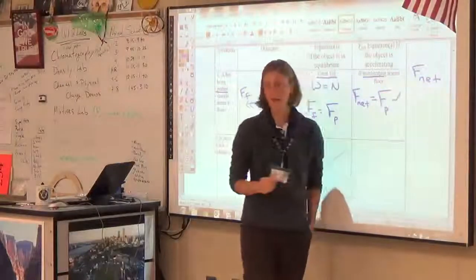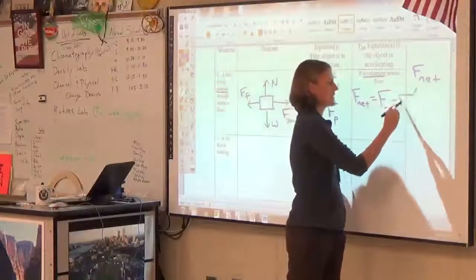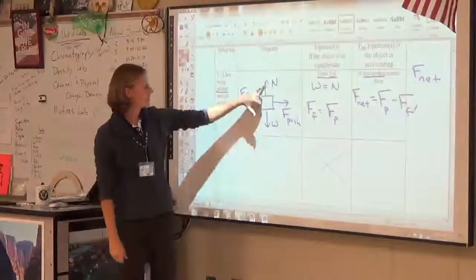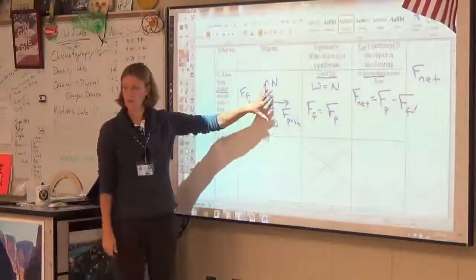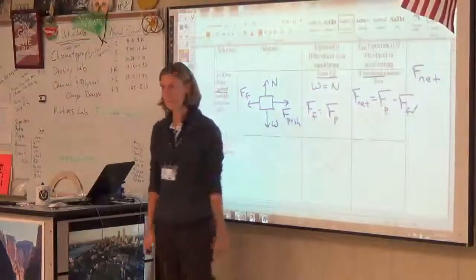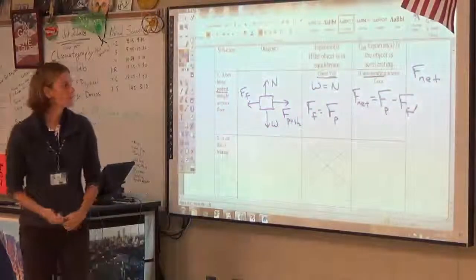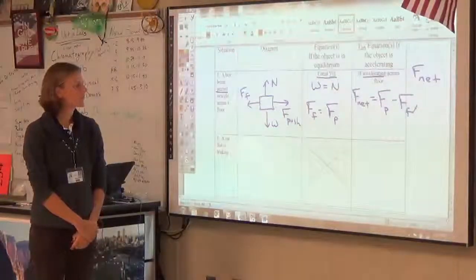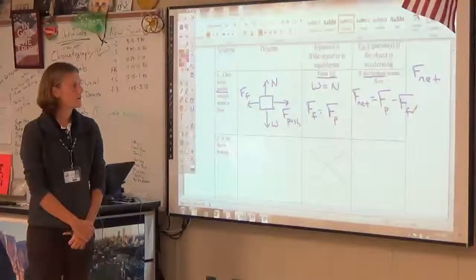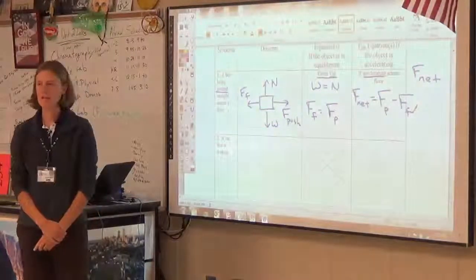But friction is not helping. Friction's acting the other way. So minus friction. And then these two would still be equal, so I'm going to leave that off. I'm just going to stick with the net force here. We have to say that push is greater than that of friction. You don't have to say it. I mean, it's kind of assumed.